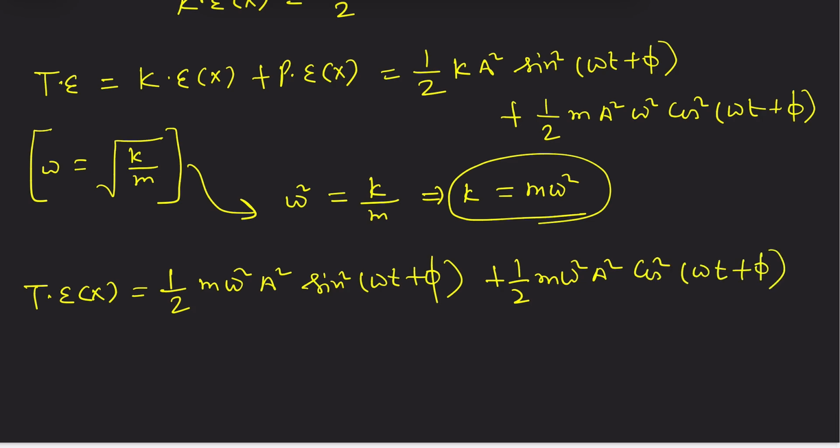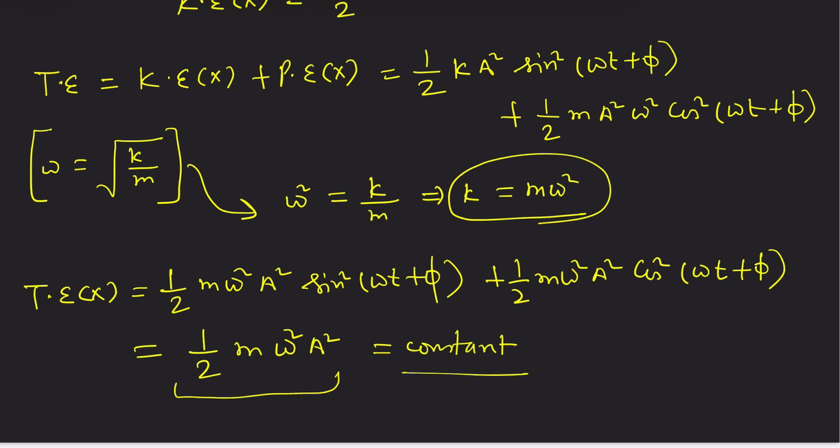If I sum both of them, I get half m omega square a square, because sine square theta plus cos square theta is equal to 1. So this is coming out constant. Omega for an SHM is constant, the mass of the particle is constant, and the amplitude of the particle is also constant. So the total energy of the system is constant.